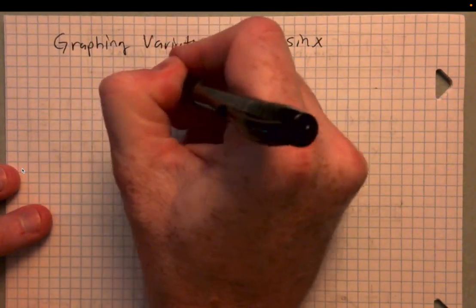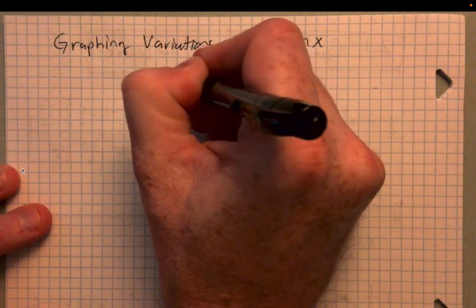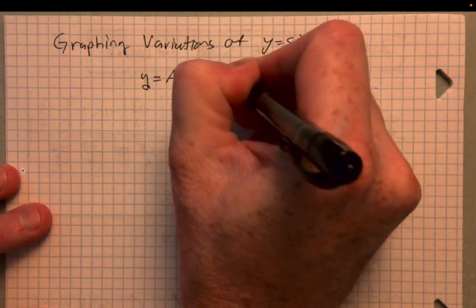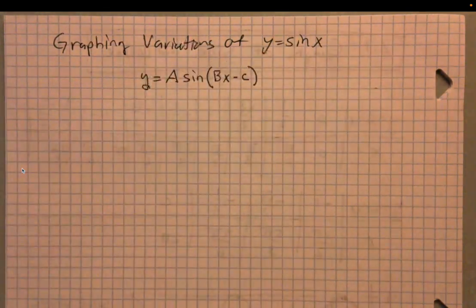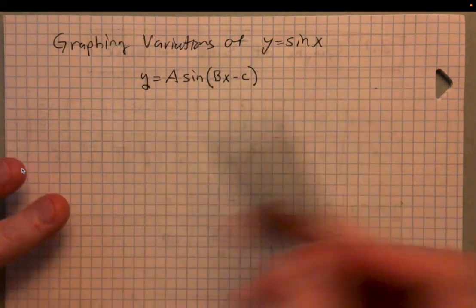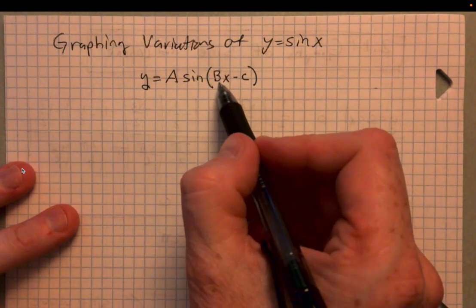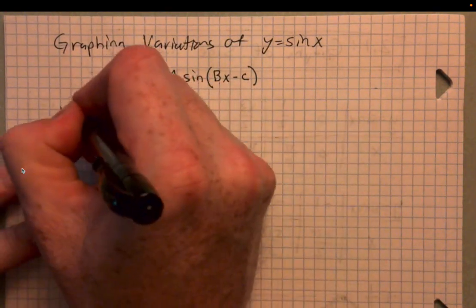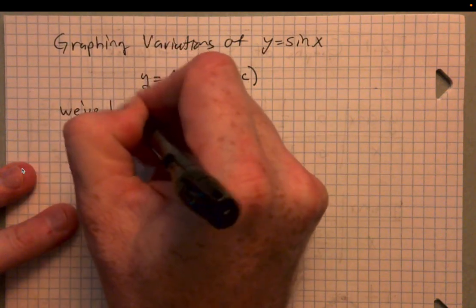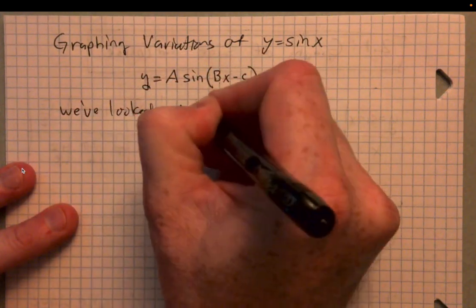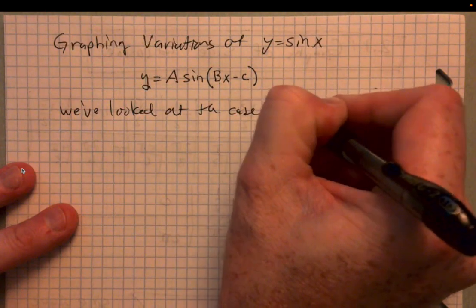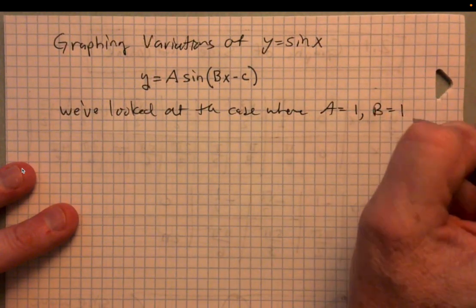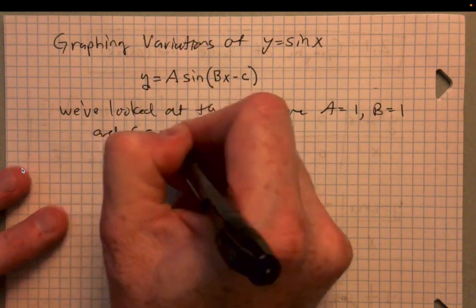So y equals a times the sine of bx minus c. Okay. So in the graph that we've looked at, b is 1, c is 0, and a is 1. So we've looked at the case where a equals 1, b equals 1, and c equals 0, right?